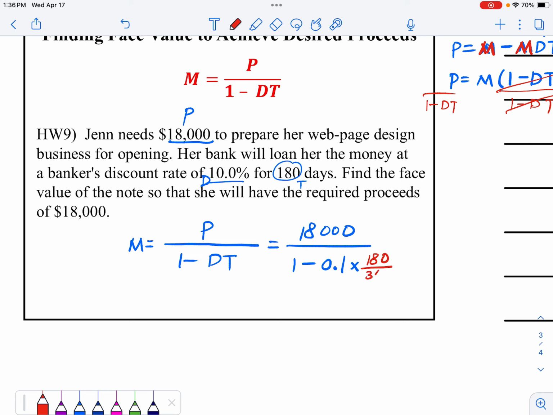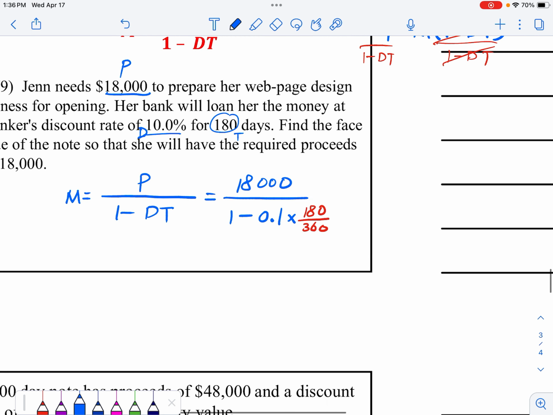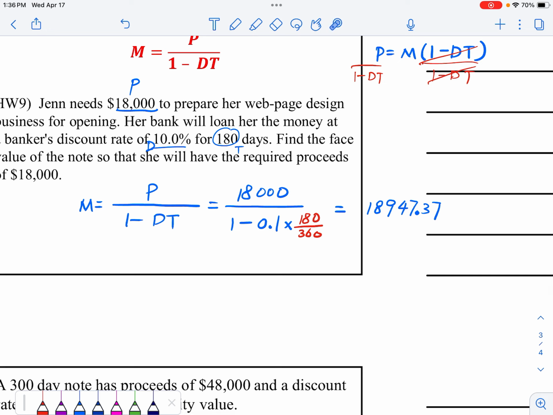You have to divide by 360, okay? And it turns out to be $18,947.37 rounded. That means she gets 18,000 up front, and at 180 days, she'll have to pay back this much.